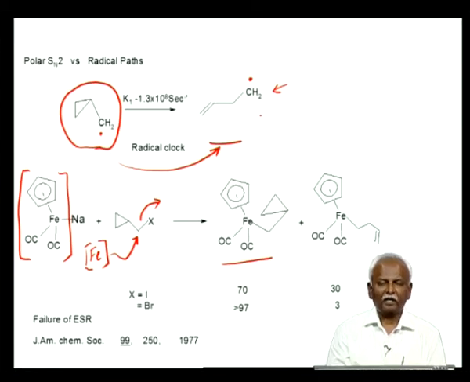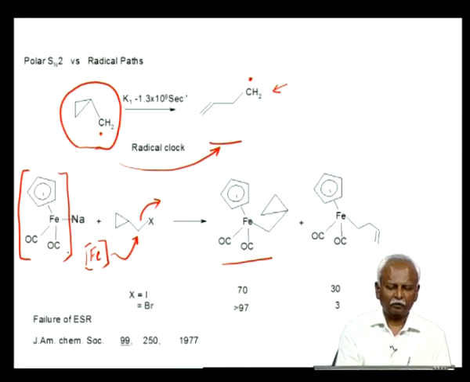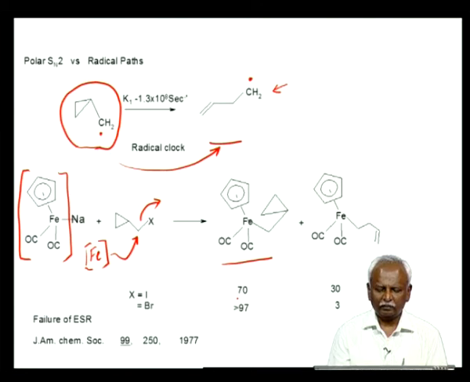So, people carried out this nucleophilic substitution reaction using the CpFe(CO)2 minus anion. This anion was reacted with the cyclopropyl carbonyl halide, and when X, the halide, was iodide, they found that 70% of the reaction was in this channel, which means the ring unopened product was formed in 70% and the ring open product was formed in 30%.